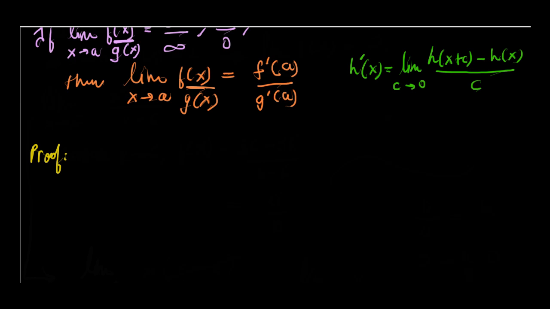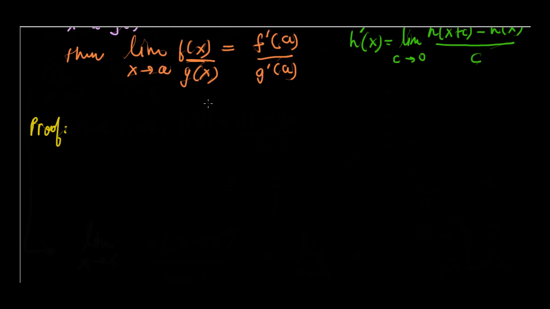Okay, so this is the definition of a derivative. I'll give you the reason why this is defined like this, but just take it for granted for now. I'll do a video on this.